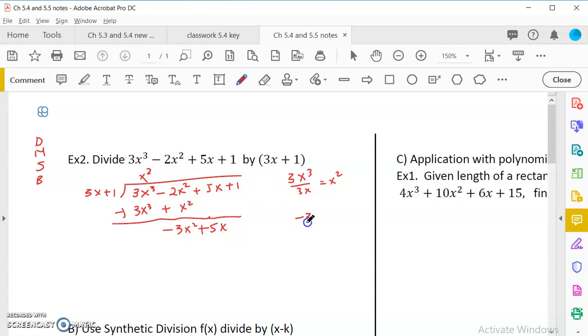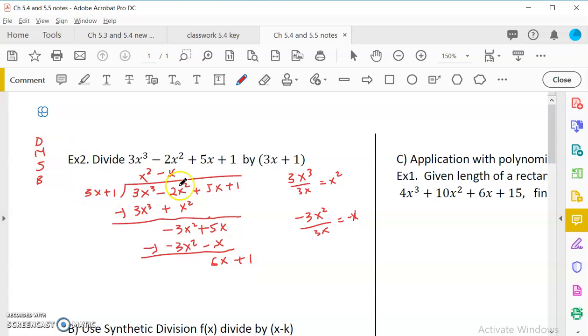Then I do negative 3x squared divided by 3x, which is negative x. This negative x times the divisor will be negative 3x squared minus x. Subtract again. This goes away, but 5x minus negative x becomes 6x. Bring down plus 1.